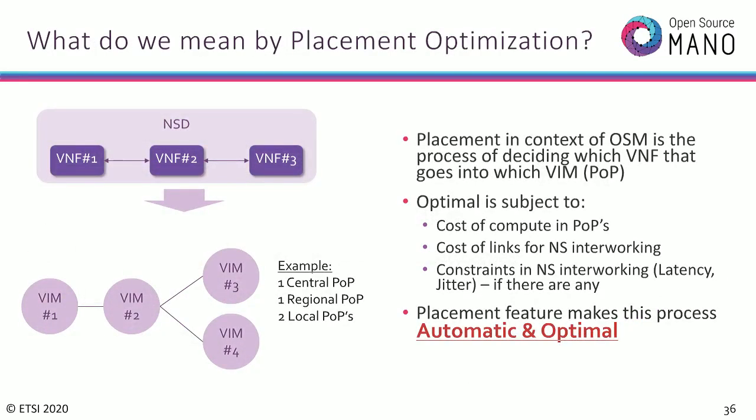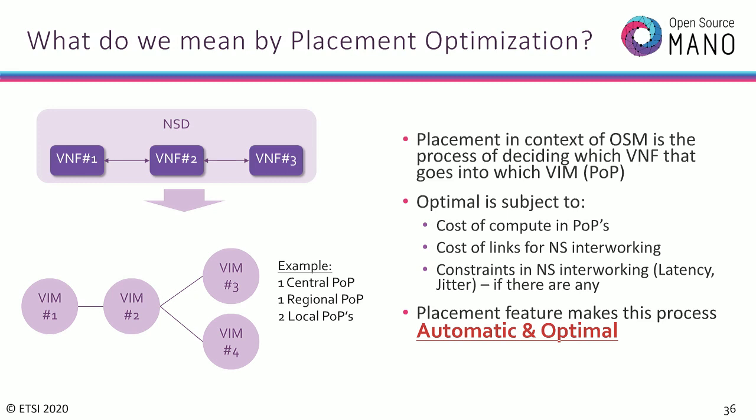So what do we mean by placement? It's basically where the different VNFs end up within an NSD in a distributed data center environment. So for example, we may have a central data center, a regional, and a couple of local ones. So which VNF goes where, basically.